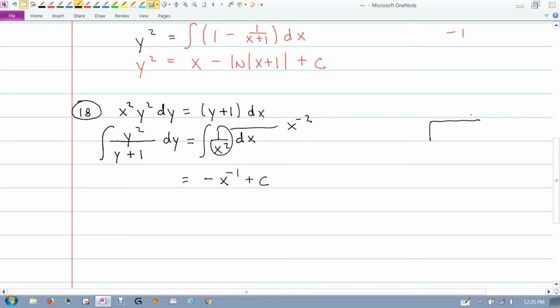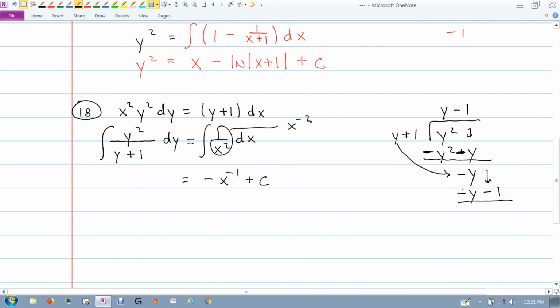So let me try a little bit of long division again of y squared here, y plus 1 here, and I have to multiply by y, then I get y squared plus y. I'm going to subtract, add down, I get negative y. So then multiply y by negative 1 to get that. So I put negative y and then minus 1 here.